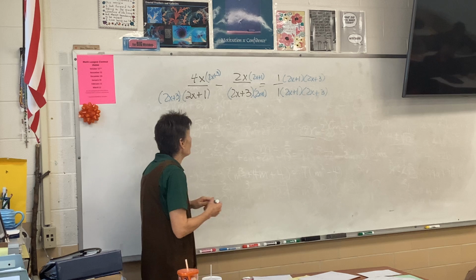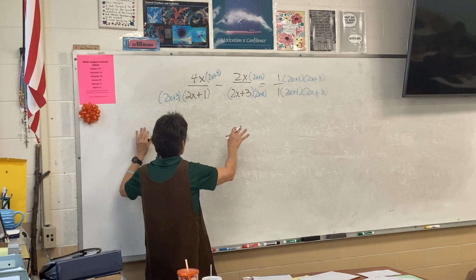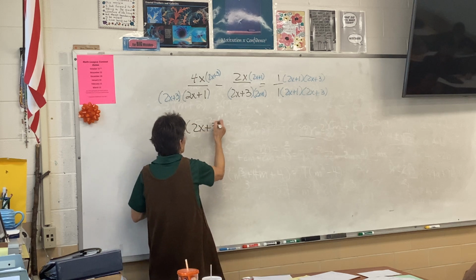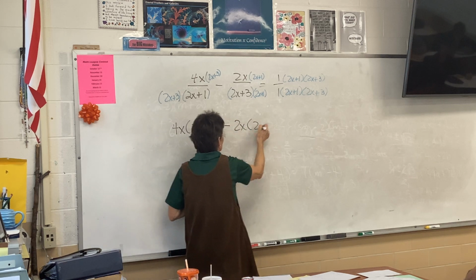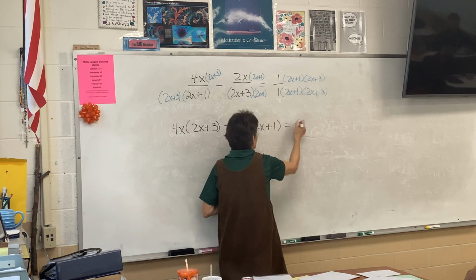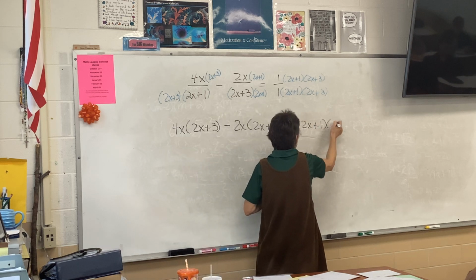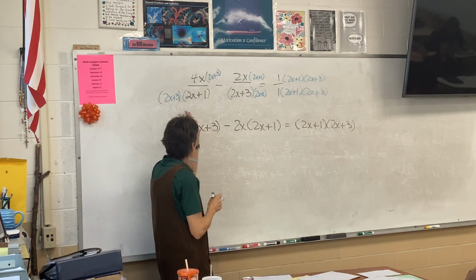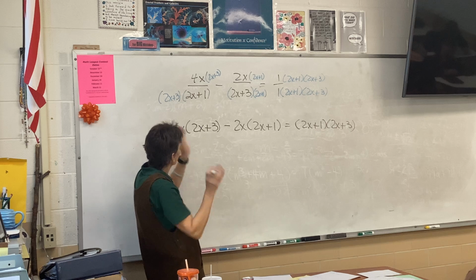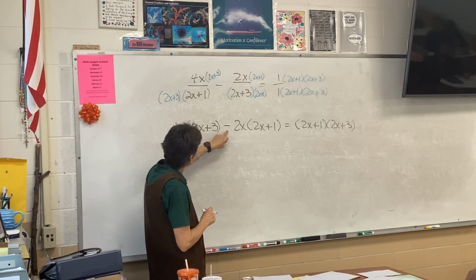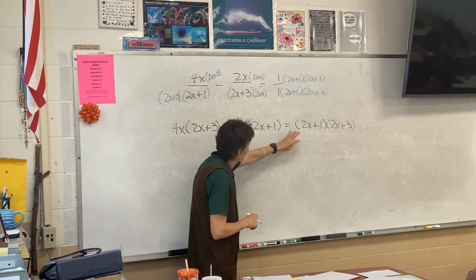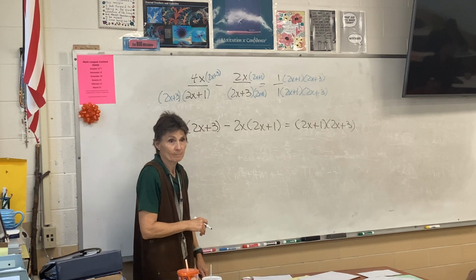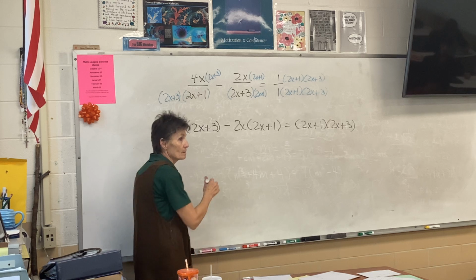Okay, so now we can ignore the denominators and just look at the numerators. All I did was say, okay, my denominators are gone, they all match. So here's what I have on top.